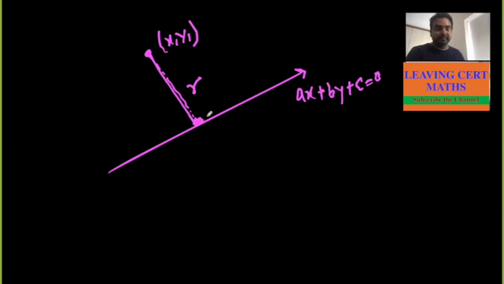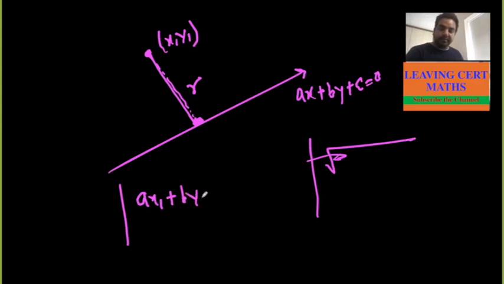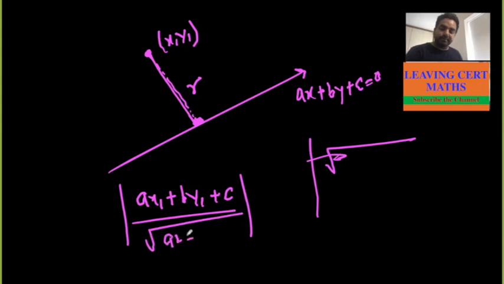If you check your formula book, there is one formula: modulus of (a x1 plus b y1 plus c) over the square root of (a square plus b square), and this is your distance r. Check the formula book, you'll get it.